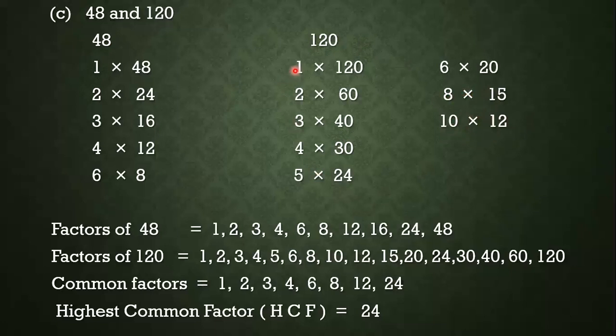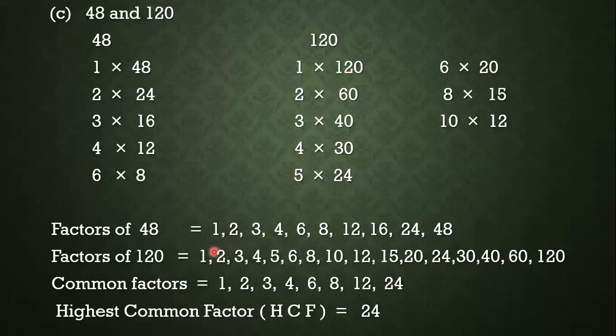Now the factors are 1, 2, 3, 4, 6, 8, 10, 12, 15, 20, 24, 30, 40, 60 and 120. Many factors are there. Now we will find out the common factors.